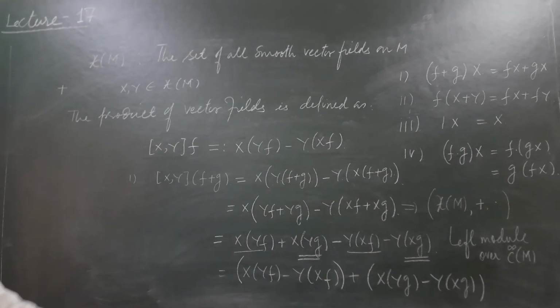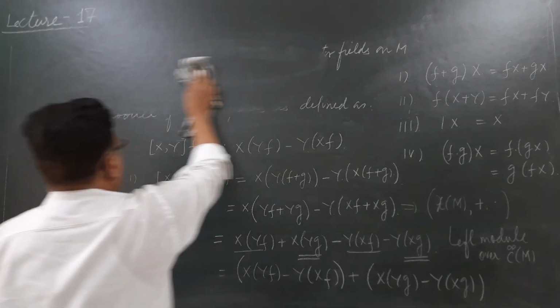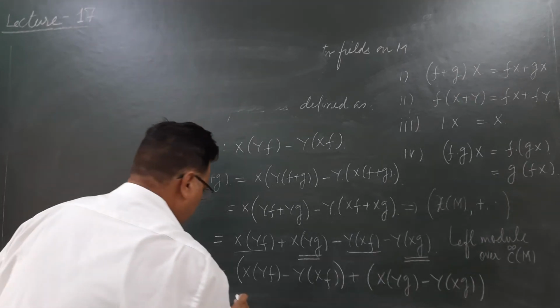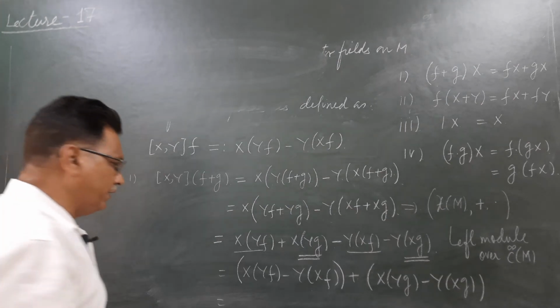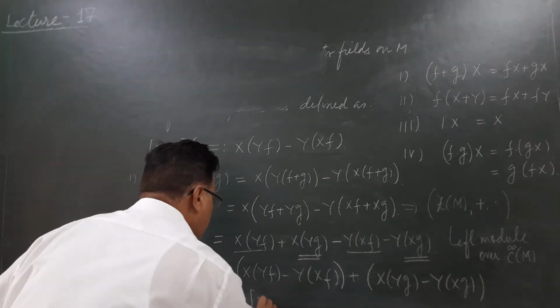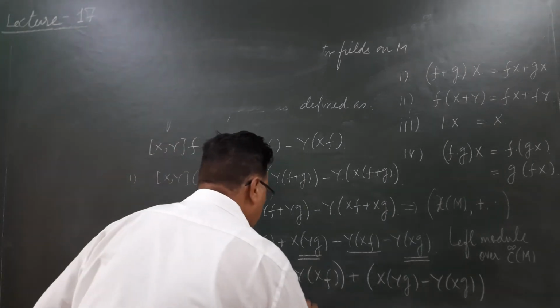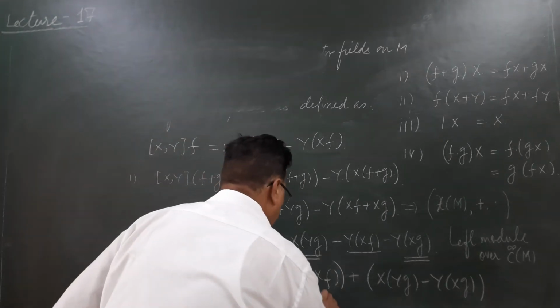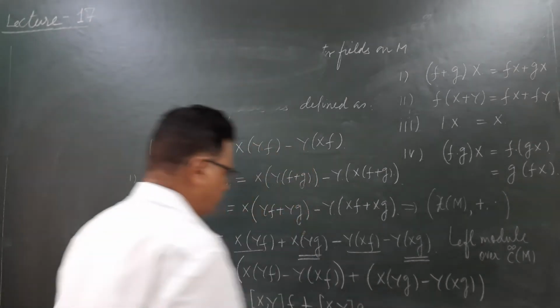देखिए दिख रहा है नीचे वाली लाइन. Okay, so now the first bracket is nothing but Lie bracket XY operating on f. So this is XY operating on f, plus this is Lie bracket XY operating on g.